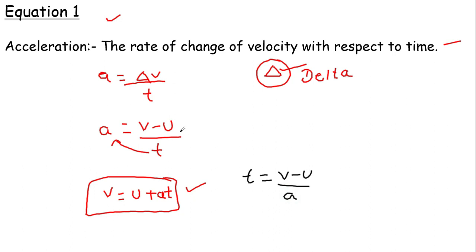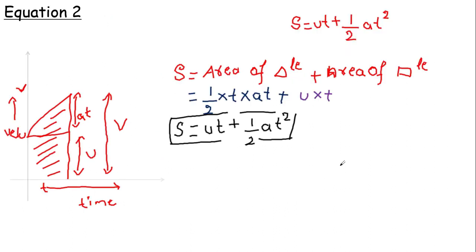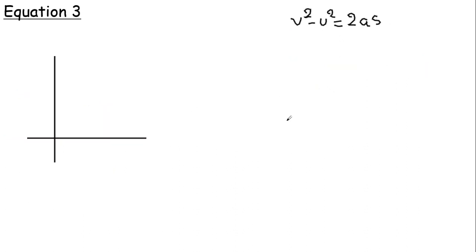Can we write this equation a is equals to v minus u by t? Yes, we can write a is equals to v minus u by t as t is equals to v minus u by a. We are going to take this formula and substitute in this equation, so we get the answer.